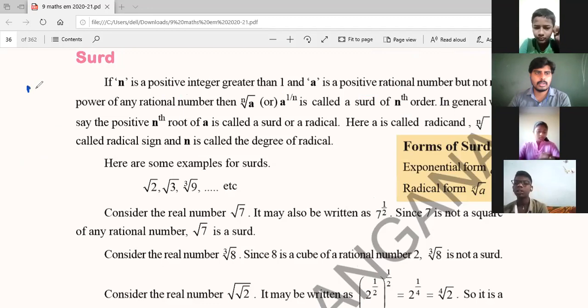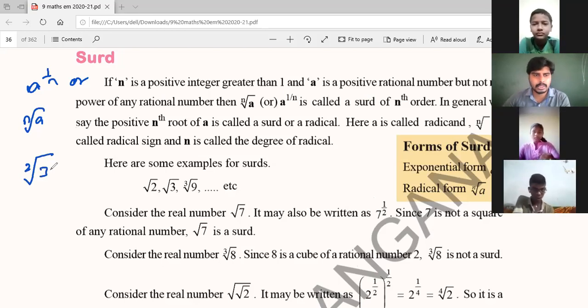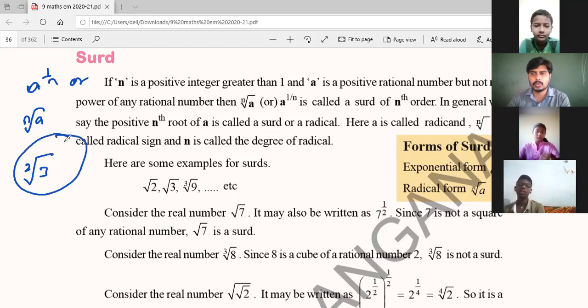Suppose a power 1 by n or nth root a is a surd of nth order. Then suppose square root 3 is called a surd of order 2.